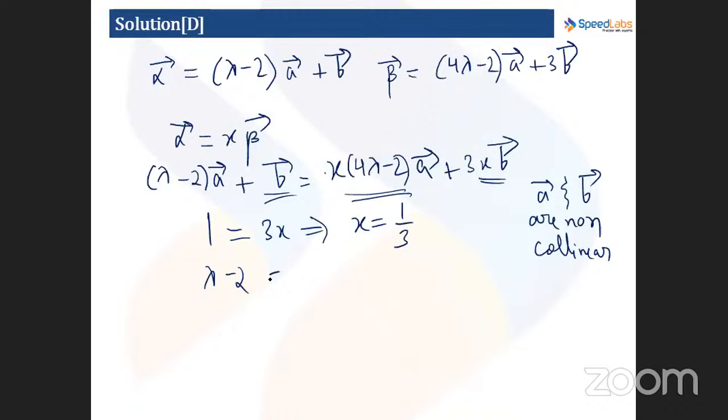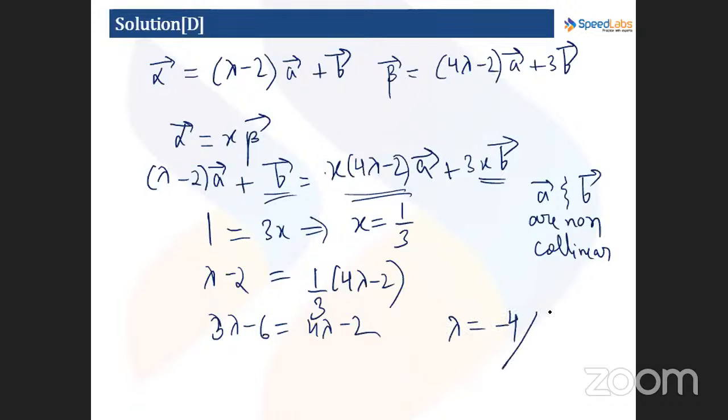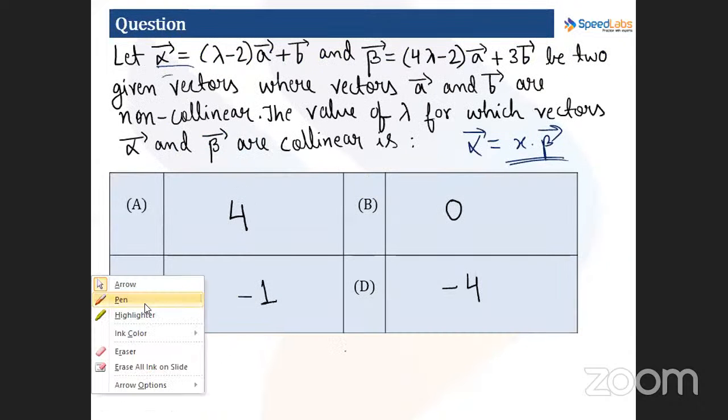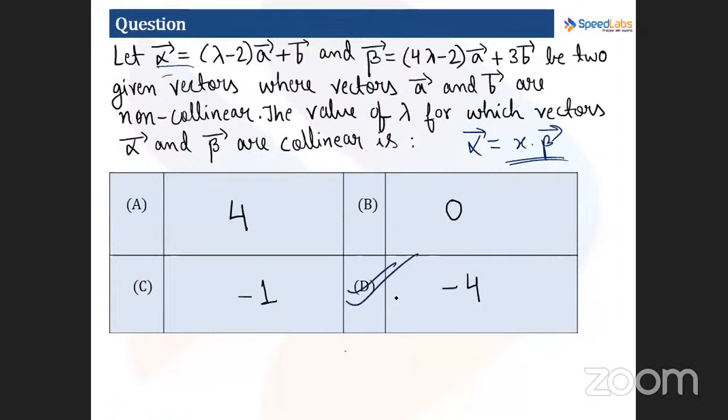It is lambda minus 2 equal to 1 by 3 times (4 lambda minus 2). We put the value of x in this. So it is 3 lambda minus 6 equal to 4 lambda minus 2. So this is lambda equal to minus 4. So the correct option here was option D, minus 4.